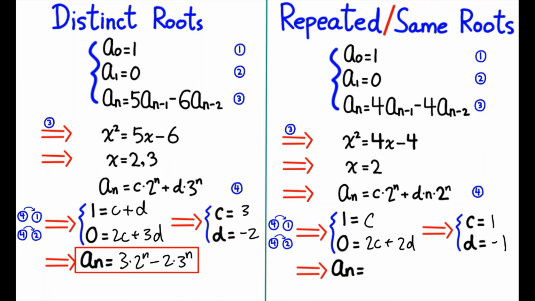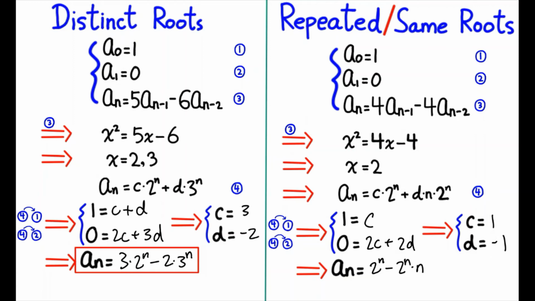This also makes an equal to 2 to the n power minus 2 to the n power times n. And we're done with these two examples.